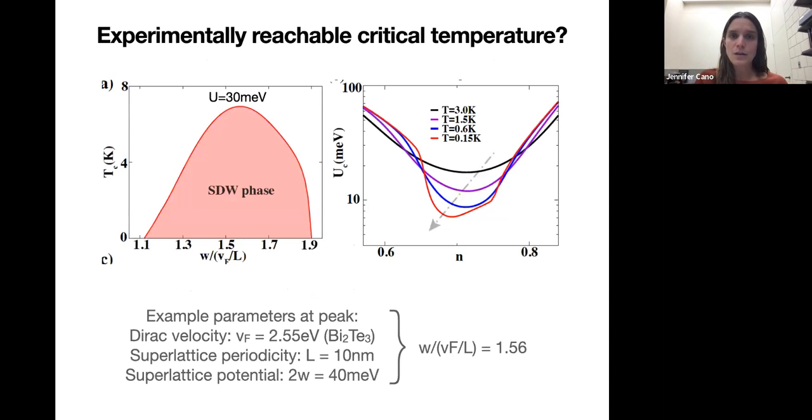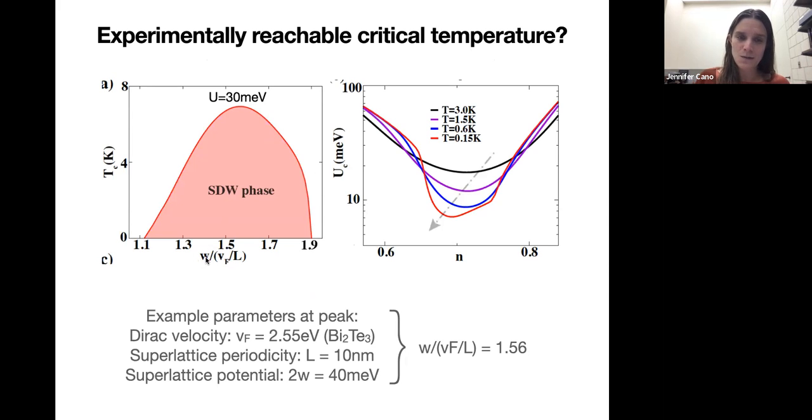Okay, good. So the only other point that I wanted to make is that what we would really like to know is what is the critical temperature of this phase. In order to answer that question, we had to pick some value for the Hubbard U, our on-site interaction term. Then we can see how big the region of this phase is as a function of the parameters of the model.